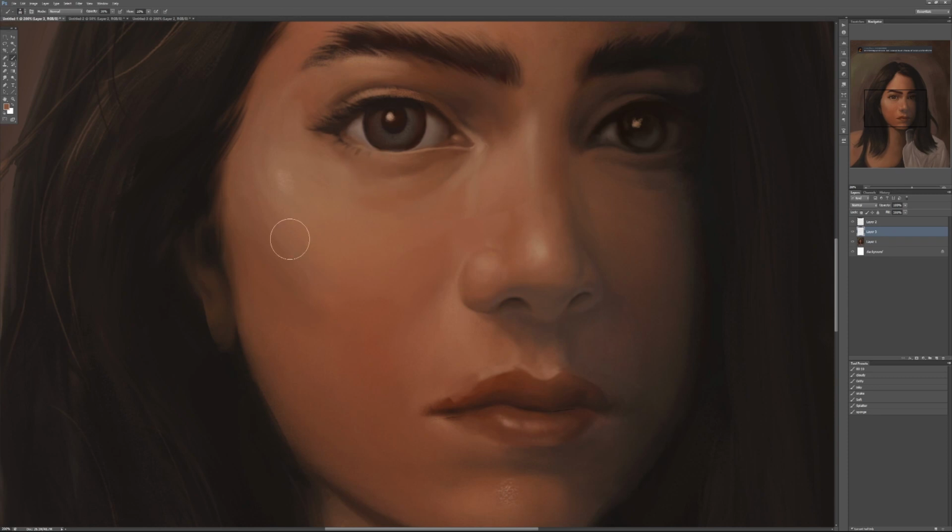And so it's that finding all those in-between edges. They're not hard, they're not soft. Maybe there's 5 of them, maybe there's 10 of them, different levels of hardness and softness. And having a lot of control over that is going to push this rendering up to the next level.